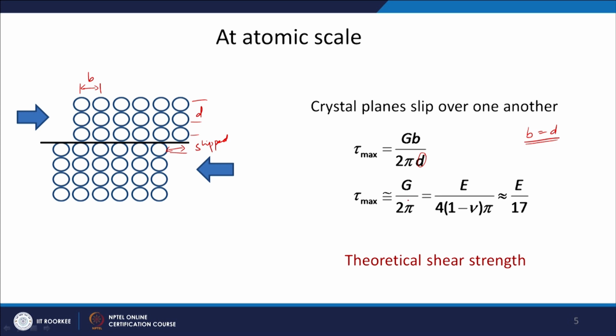My tau max is now equal to G upon 2 pi, and now I can use some conversion constants between the Young's modulus and the shear modulus, which uses the Poisson's ratio nu here. So, it will be E upon 4 (1 minus nu) pi. Ultimately you will get some value which is E by 17. So, this is the theoretical shear strength of the material.